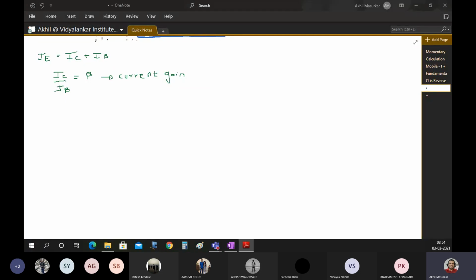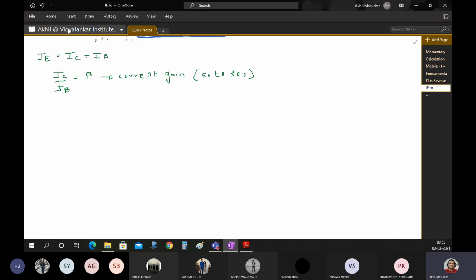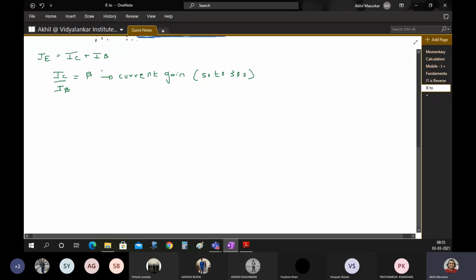Now, this current gain is typically 50 to 300. So if a BJT has a gain less than 50, we say it's a bad BJT, and if the BJT has higher beta values, we say it's a very good BJT. So this is our equation.